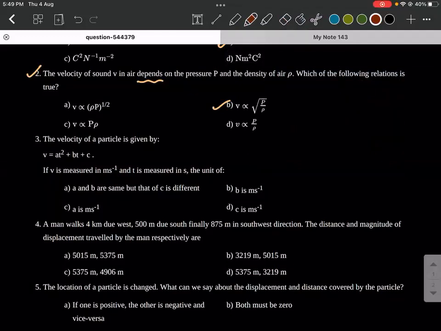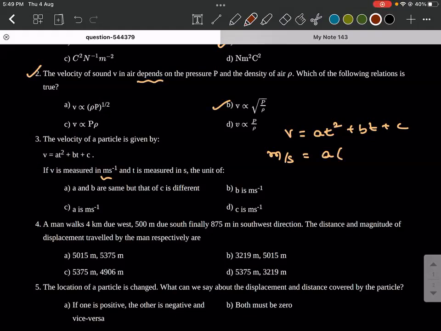Next is the velocity of a particle is given as at square plus bt plus c, where v is measured in meter per second and t is measured in second. The unit of A and B are same, but that of C is different. Is that right? So when V is equal to at square plus bt plus c, what is the unit of V? Given, meter per second is equal to A into the unit of time square.